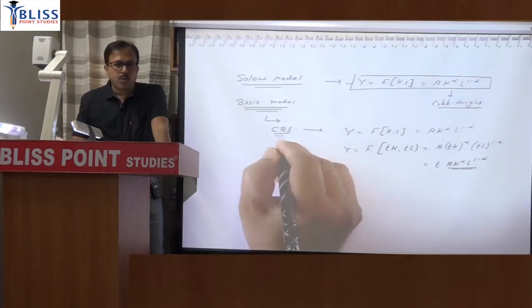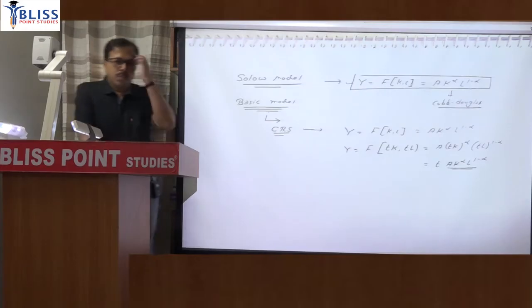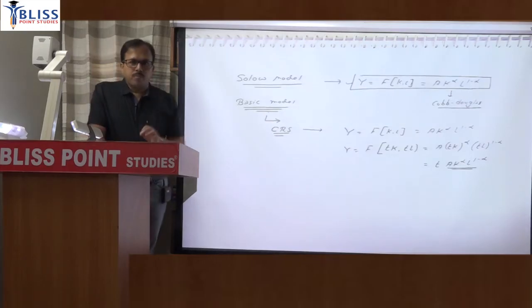And don't get confused that earlier I said it is based upon diminishing returns. It is based upon diminishing returns to capital, diminishing returns to one factor. And when I say returns to scale, that means you change both factors. So when both factors are doubled, output will double.